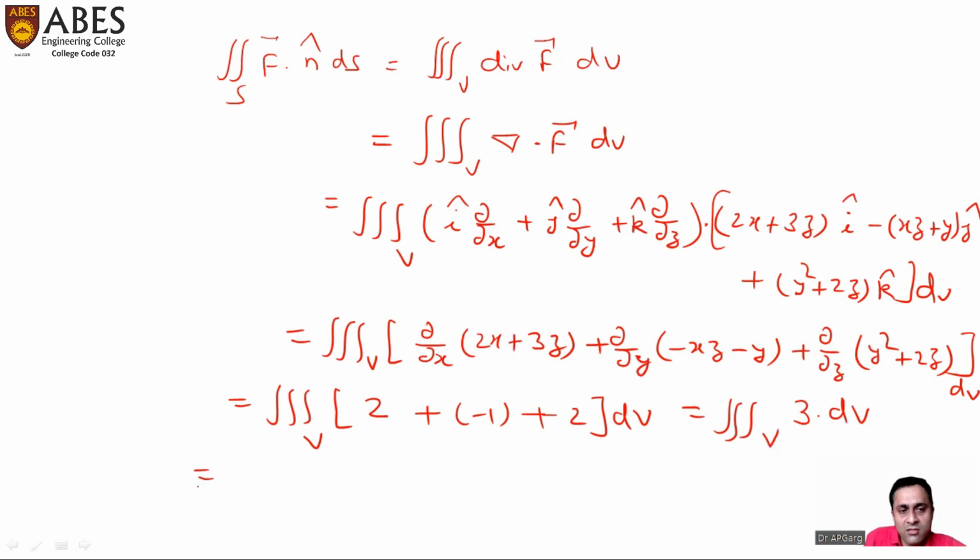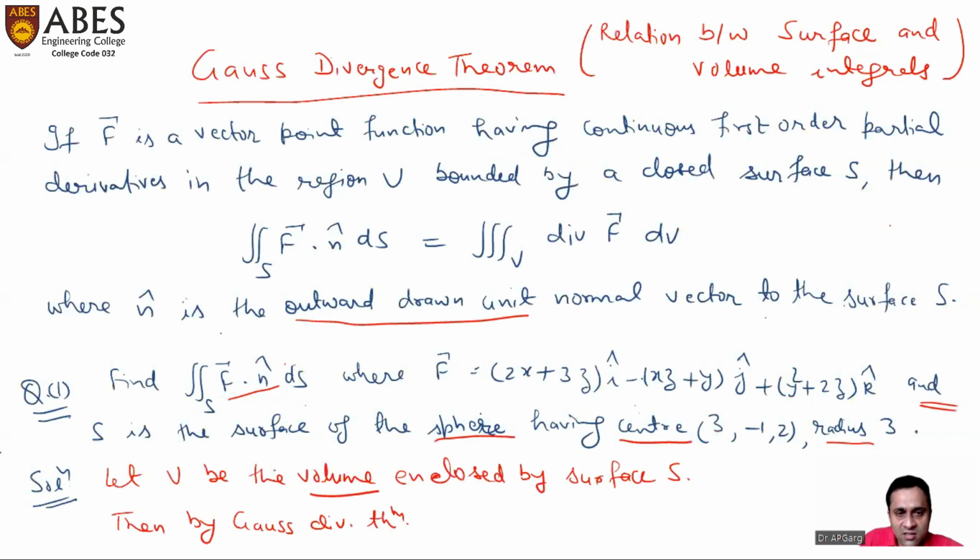Now 3 is a constant, so it will go outside the integration, and we just have to find the volume of the surface. The given surface is basically a sphere with center (3, minus 1, 2) and radius 3.